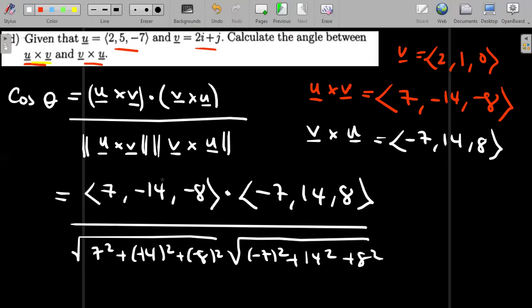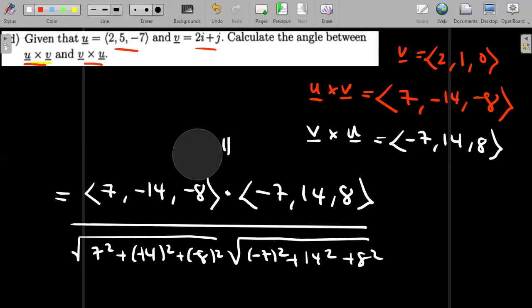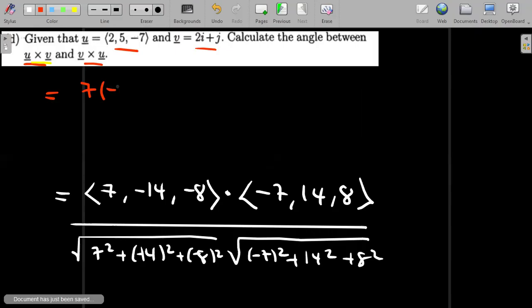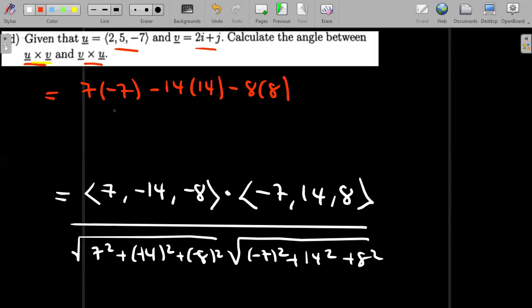Then I must now evaluate this. On top, I have 7 multiplied by negative 7, plus negative 14 multiplied by 14, plus negative 8 multiplied by 8.